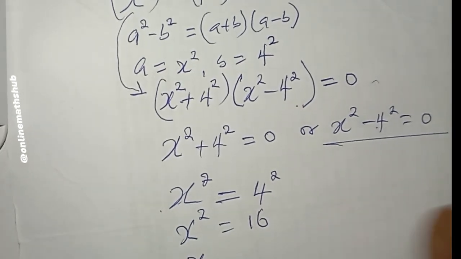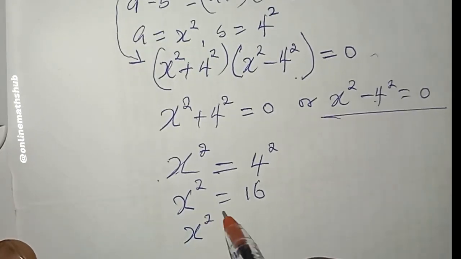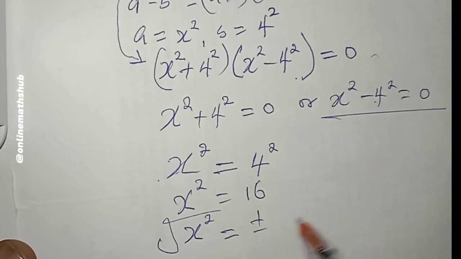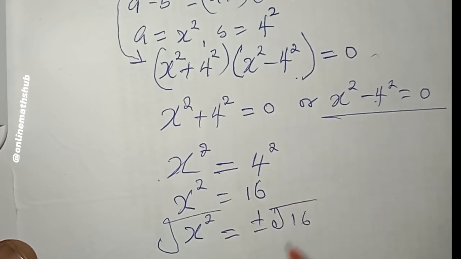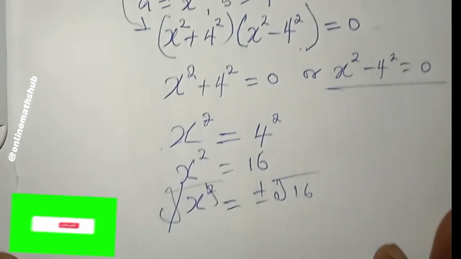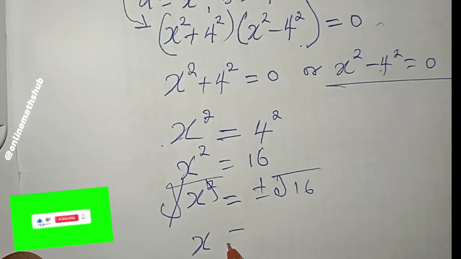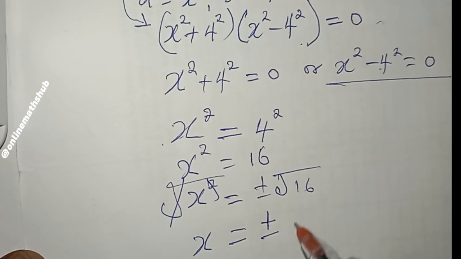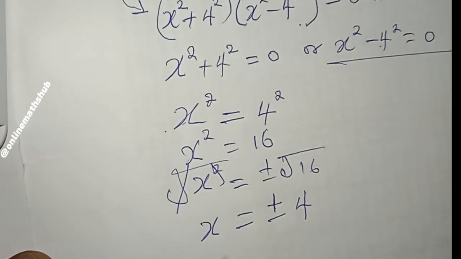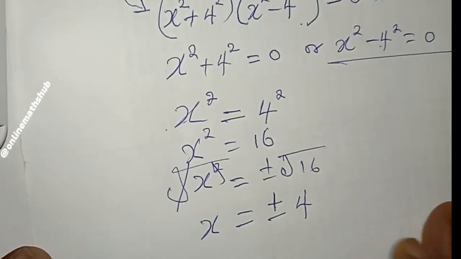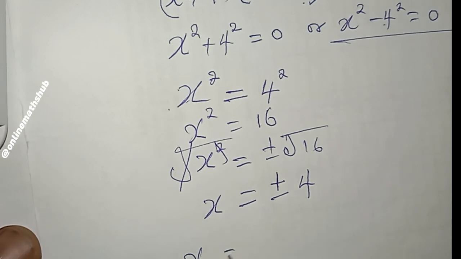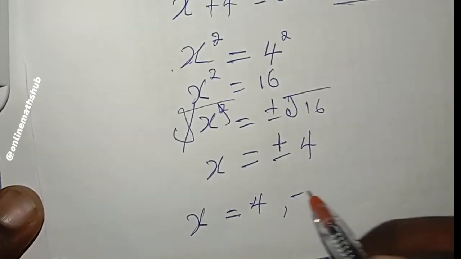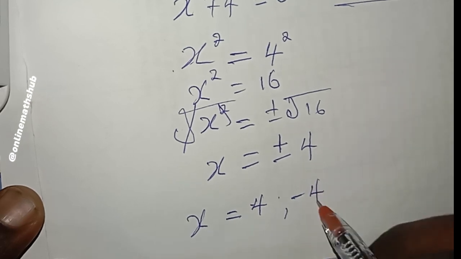What I'm going to do next is take the square root of both sides, so plus or minus the square root of 16. This cancels this, and I'm left with x equal to plus or minus the square root of 16, which is actually 4. Here we are getting the first two values of x, which is positive 4 and also negative 4.